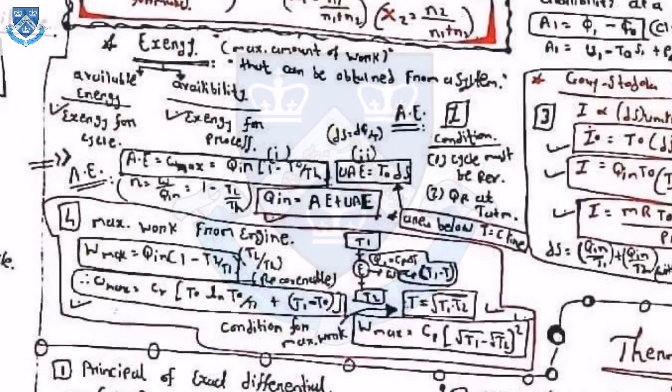Then coming towards the exergy. Now the third one is exergy. Exergy basically represents the maximum amount of work that can be obtained from a system. Exergy is divided in two types. First one is available energy, which is known as exergy for cycle, and availability is exergy for process.